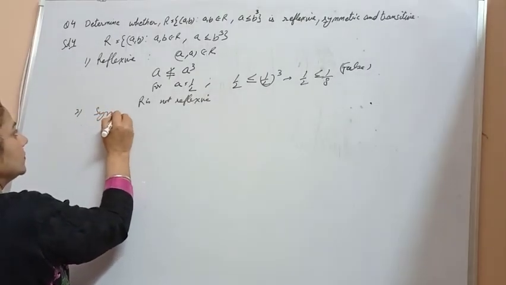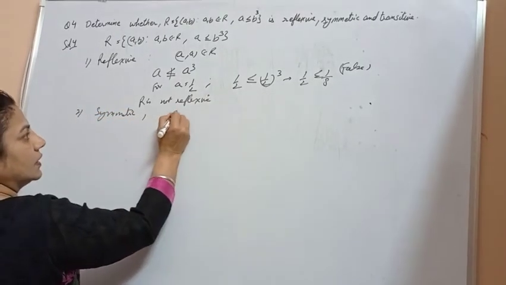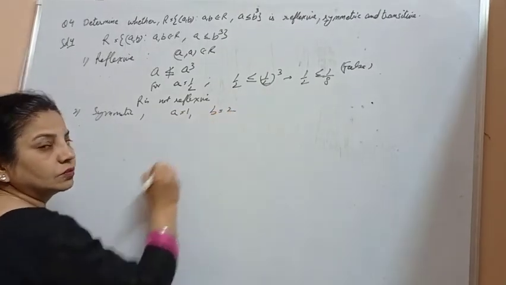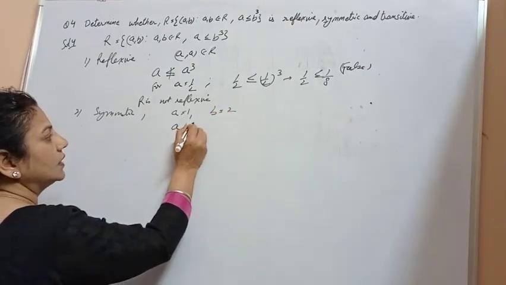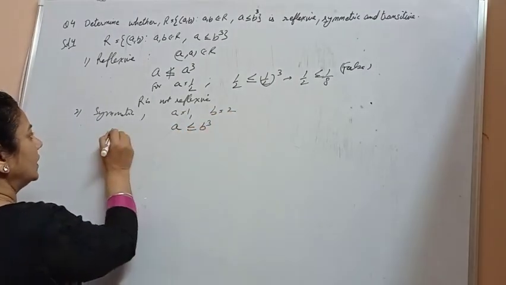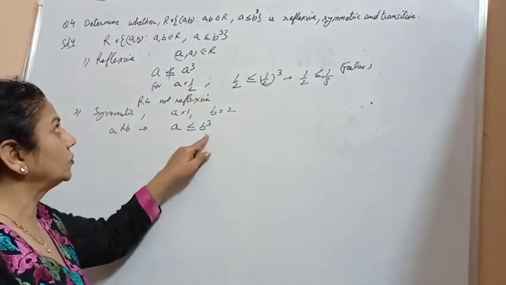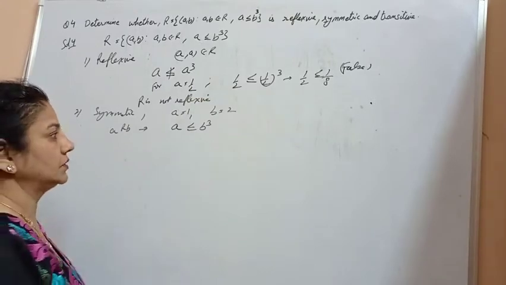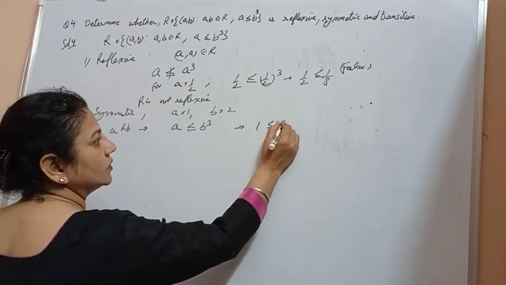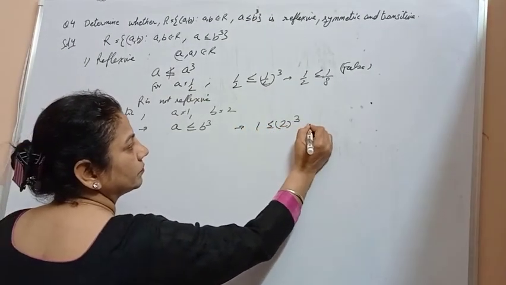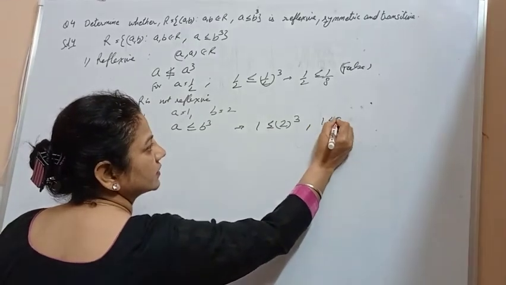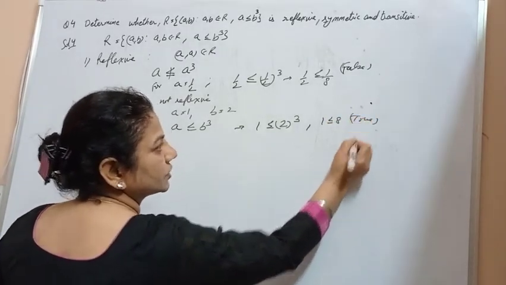Go with symmetric. Take A as 1, B as 2. A is related to B implies A is less than or equal to B cube according to the given relation. So that means 1 is less than or equal to 2 cube, or you can say 1 is less than or equal to 8. This is a true statement.